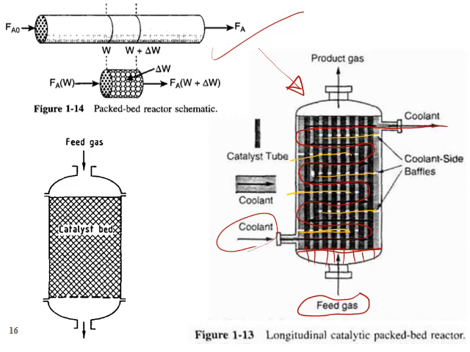As you can see, each tube is filled with catalyst. Or I could have the whole tank, the whole cylindrical tube with a large diameter, packed with the catalyst particles.